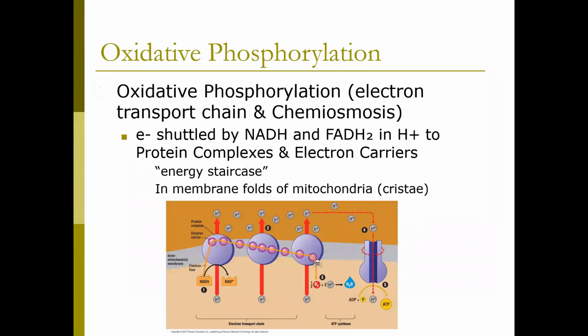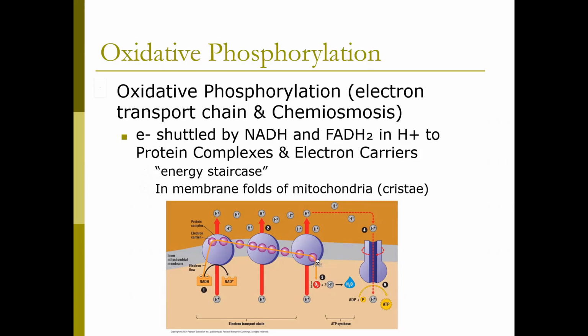Oxidative phosphorylation includes something called the electron transport chain, as well as chemiosmosis. In this process, remember all of the NADHs and FADH2s that have been formed through glycolysis, pyruvate oxidation, and the citric acid cycle?